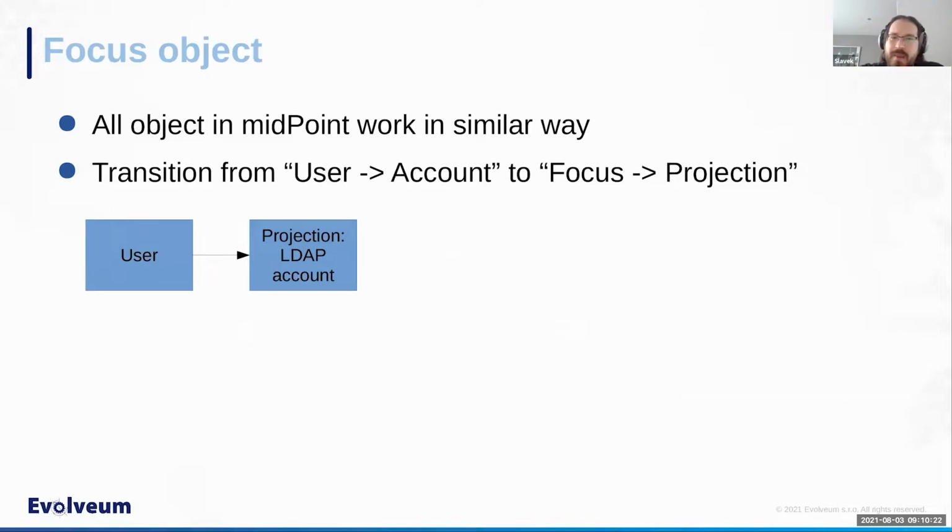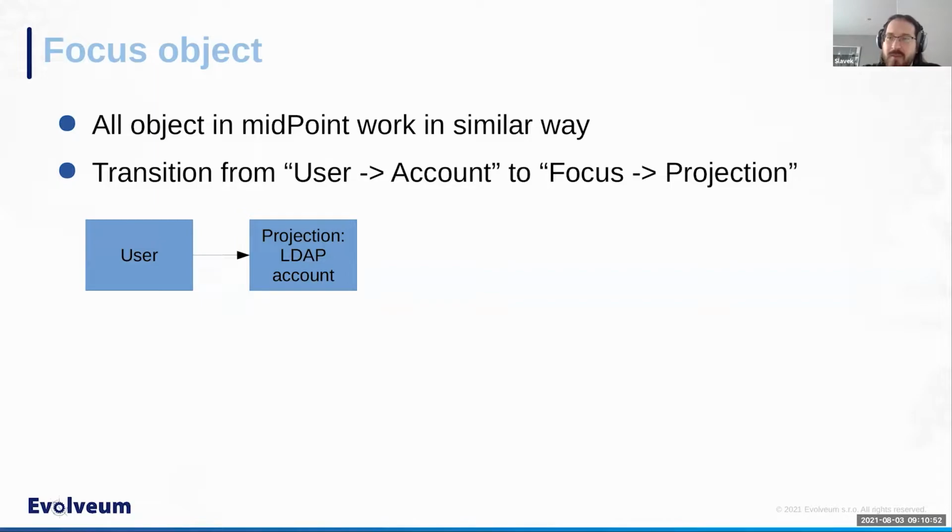But in MidPoint, we are considering all the objects we have there almost equal. So instead of using user and creating an account on some resources, we rather use terms focus and projection. And I will explain why, because in our simple example, we have user and we are creating a projection on a resource, LDAP account, for that user.